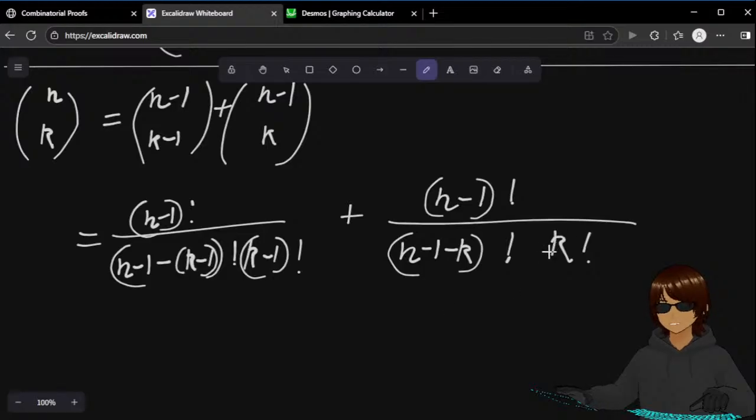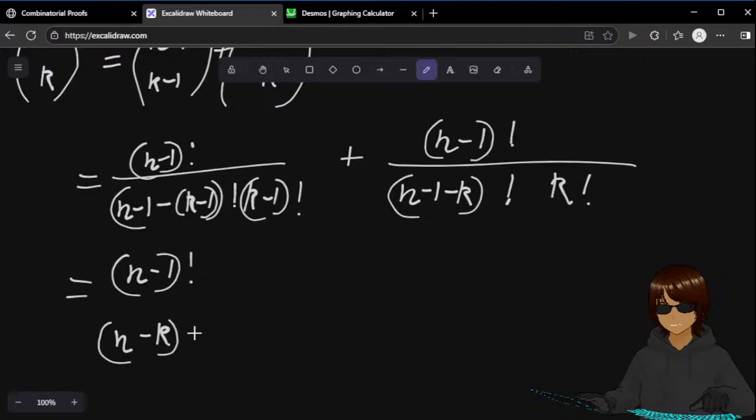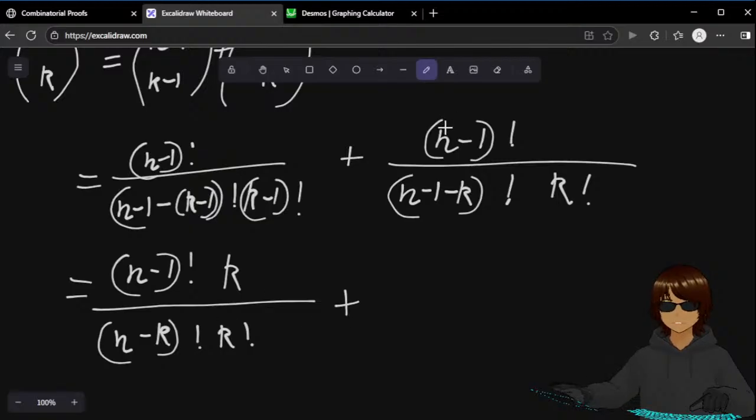So this k factorial remains, and then for n minus 1, we have n minus 1 minus k plus 1. The plus and minus cancel out. n minus k factorial and then k factorial. Then we write k here. K and k will cancel out, then we will be left with k minus 1 factorial. Then on this part, n minus 1 factorial.